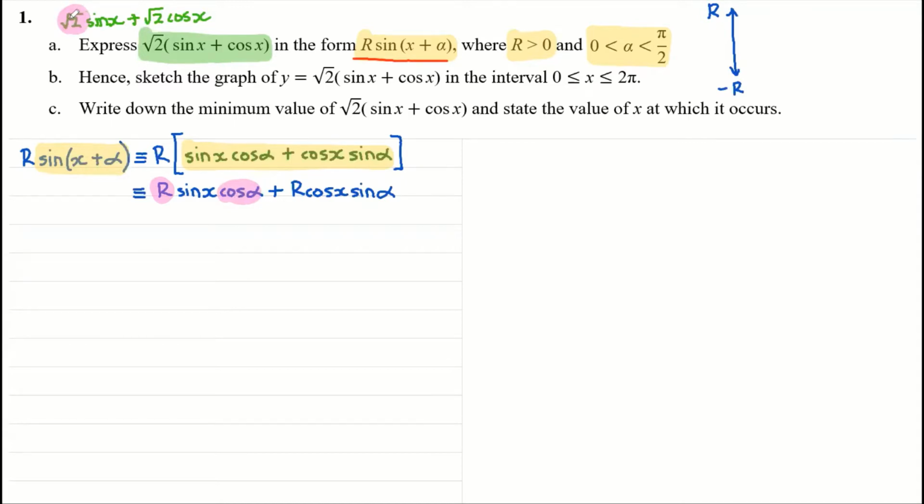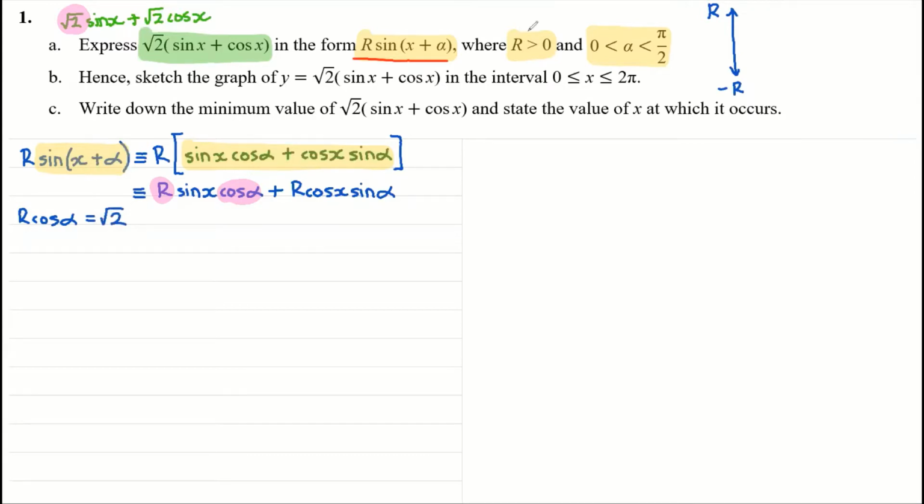Okay, so we can write down our first equation. So that's going to be r cos alpha is going to be equal to root 2. We have a value for it, so we're going to call that equation 1.